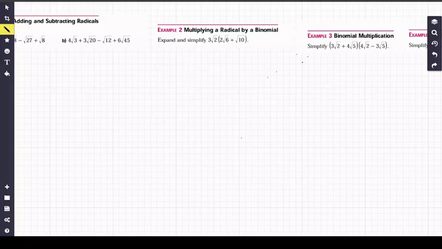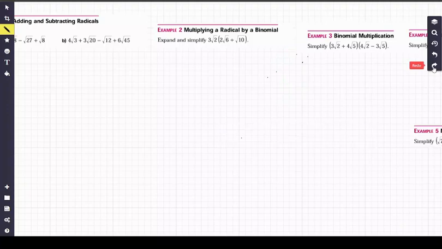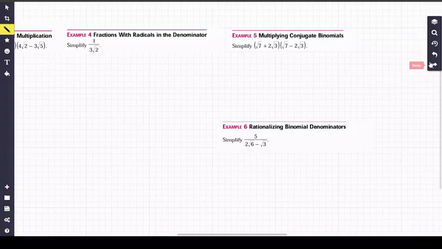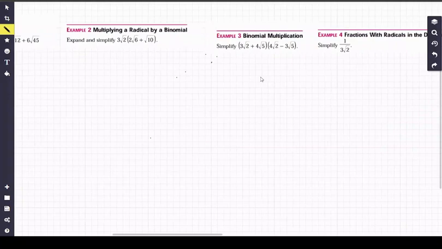Now, binomial multiplication. I actually showed you this a little earlier, if you remember, which I assume many of you don't, because that was a long time ago. But I'm still going to show you how to do it. We're going to do it just like a regular binomial. So we're going to FOIL.